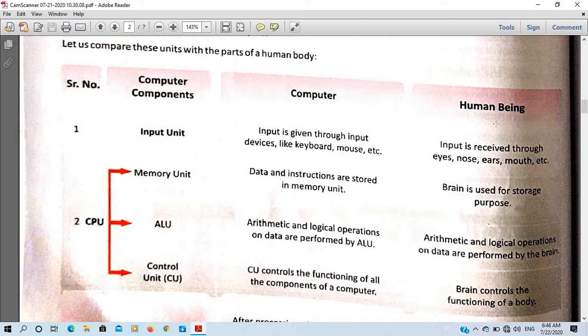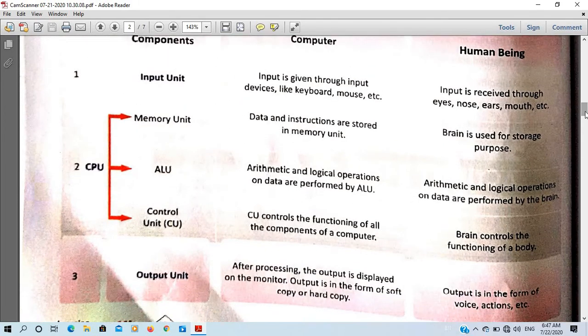Okay, and human beings, how human beings input? So input unit for human beings is eyes, nose, ear, mouth, etc. How can we, because we are able to hear from our ear, so from our ear something goes inside our mind and we are able to understand.